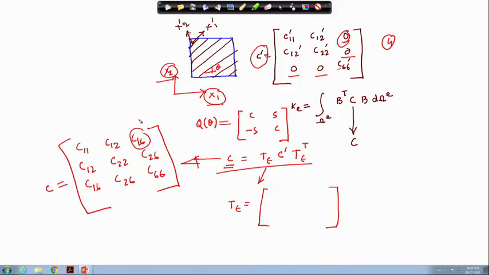This is natural if you have an inclined sheet and you are pulling in a different direction. It will offer some coupling between the shear and the normal stress. So this is evident from this transformation here.